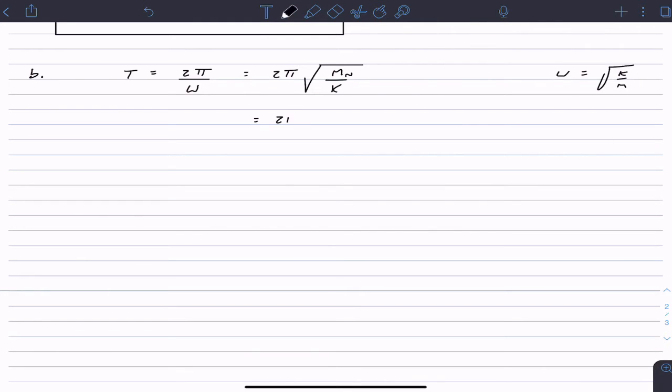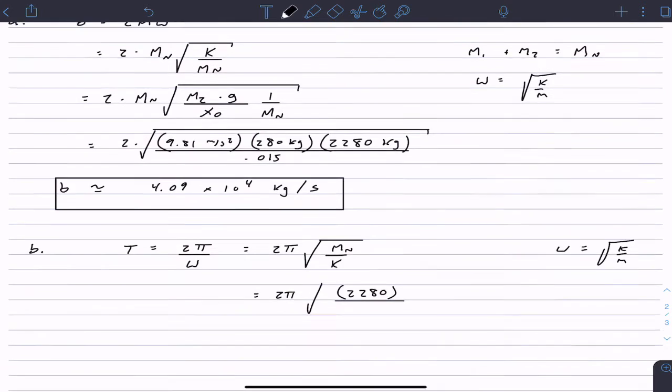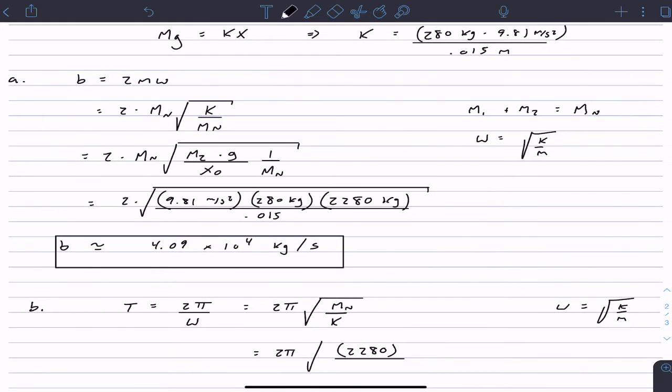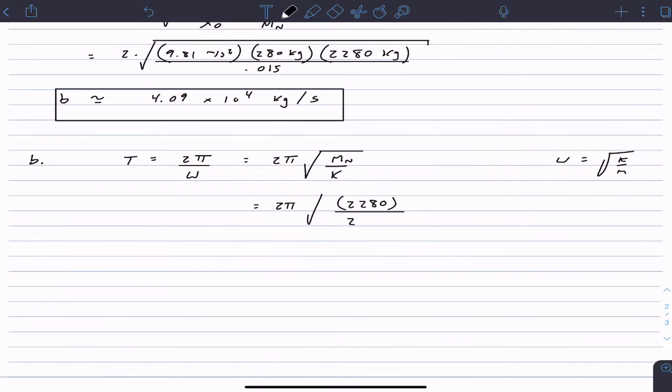So this is 2 pi times 2280 over, what was our spring constant? Over k, so that's going to give us 289.8. Okay, so this is 280 kilograms. This is also kilograms. 9.81 meters per second squared down here.